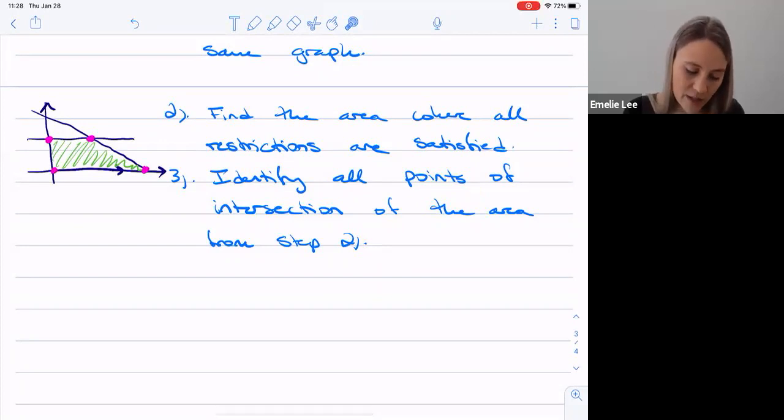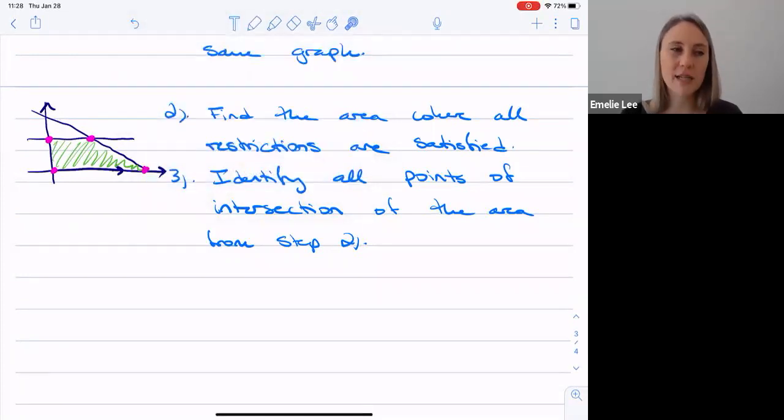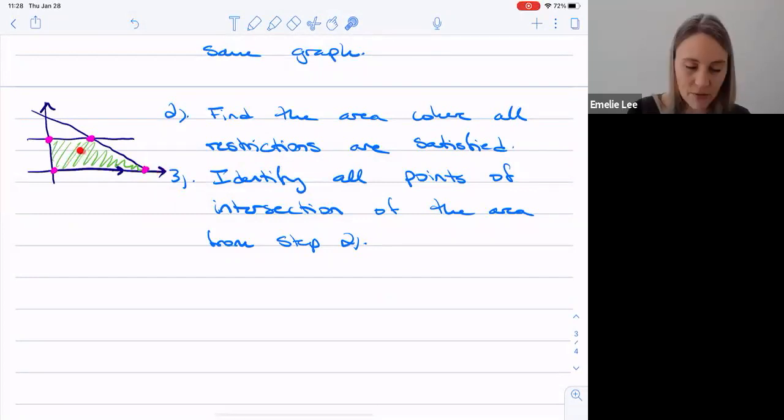So here we'd have 1, 2, 3, 4 points of intersection that we would be interested in. Now, what happens is the profit function is maximized at one of these 4 points, right? So you can have X, Y coordinates anywhere in here, but it's maximized at one of these 4 corners, okay?